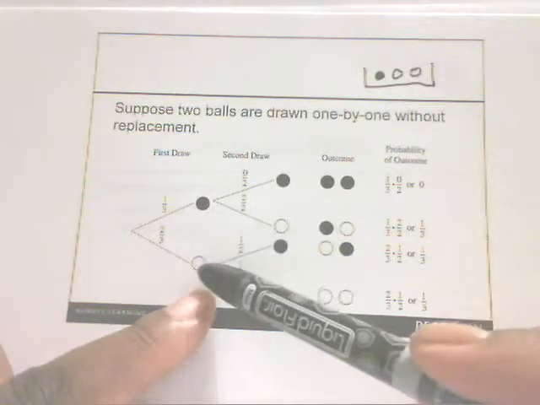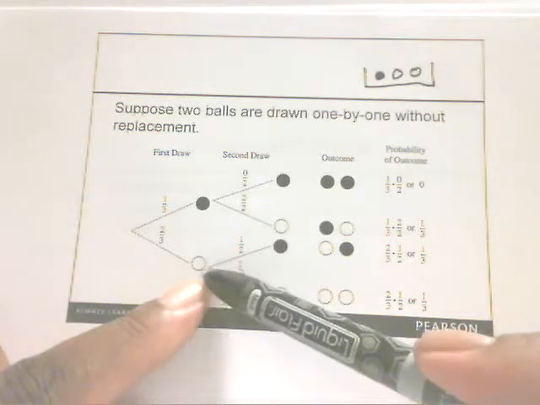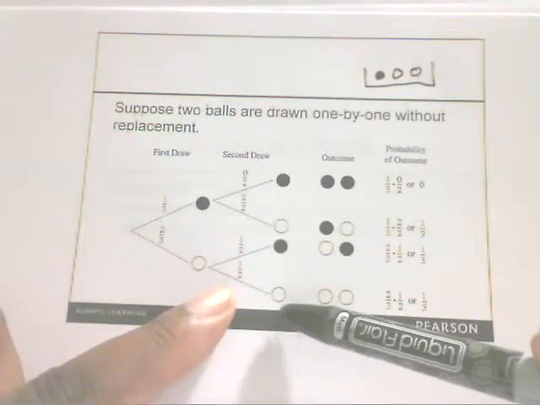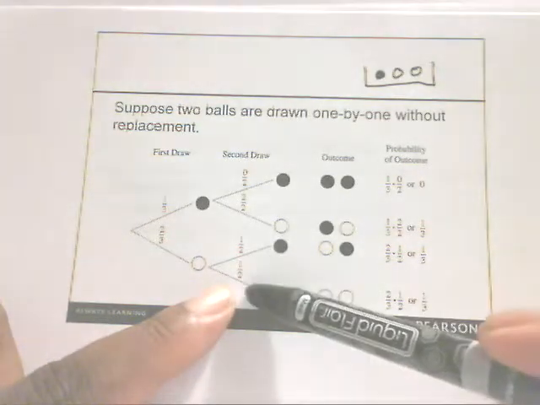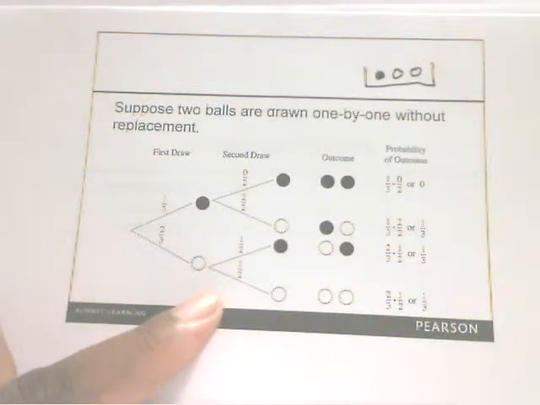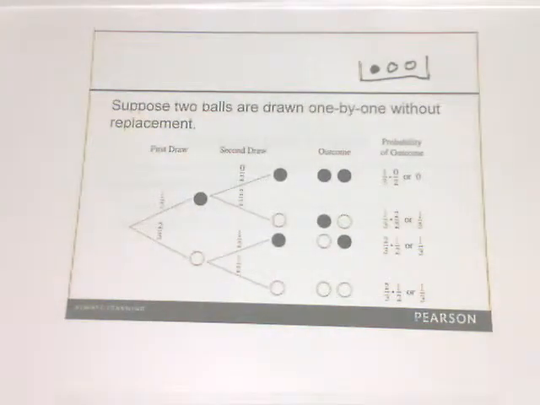And then, if the first draw was a white ball, then the probability of drawing a white ball again, now you have 2 balls, a white and a colored ball, that probability is now 1/2. Okay? So on the second draw, usually the denominator is going to decrease, because you're not putting that particular item back in. That means without replacement.